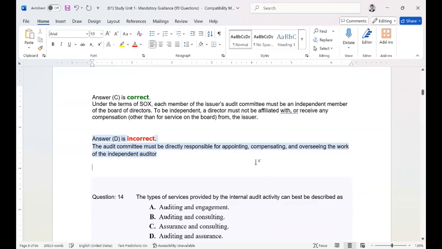Question number 14. What do you think is the answer there?